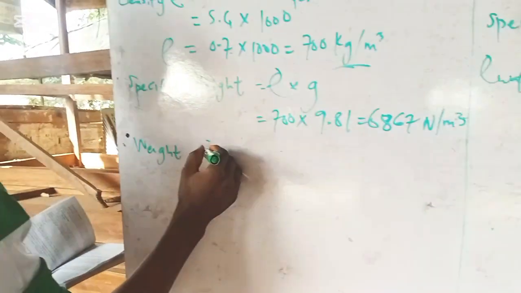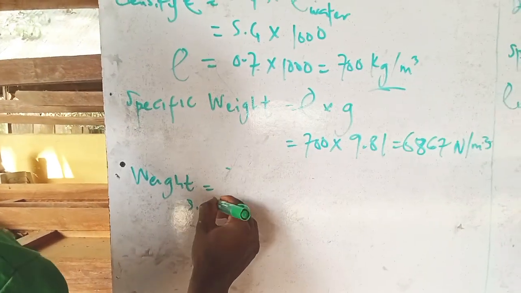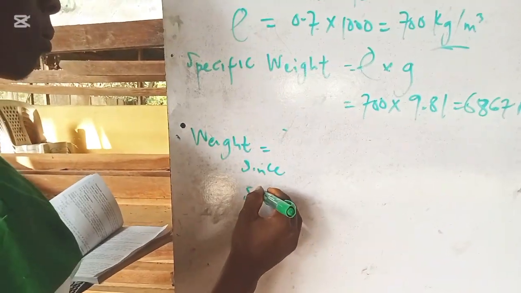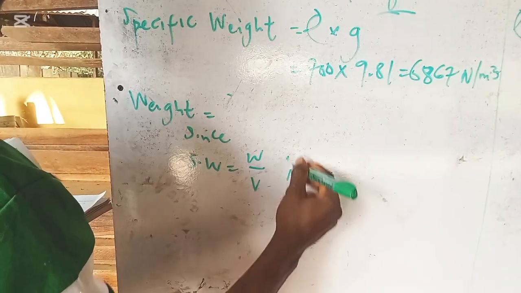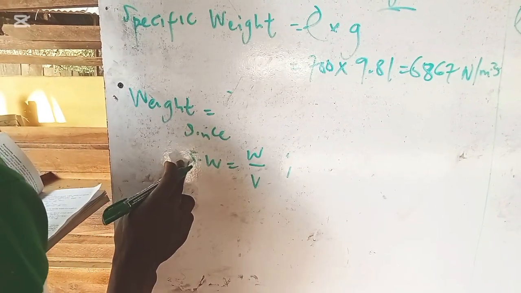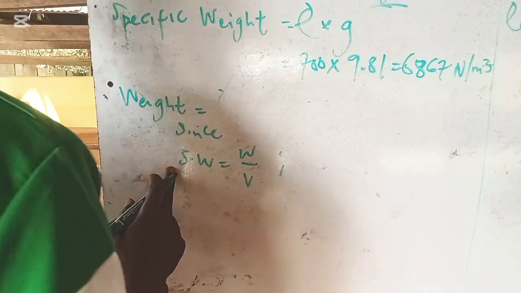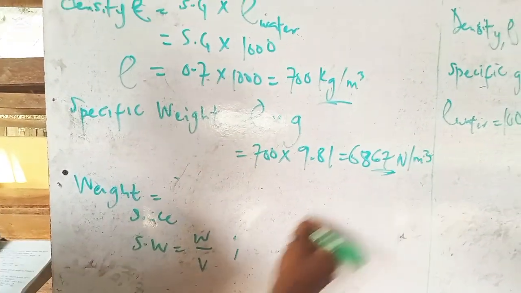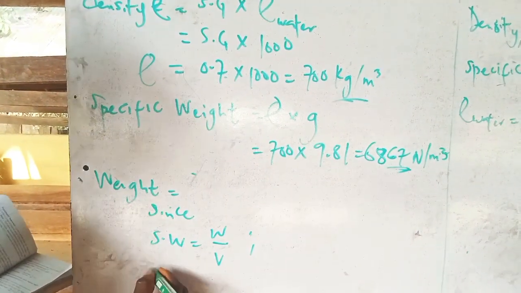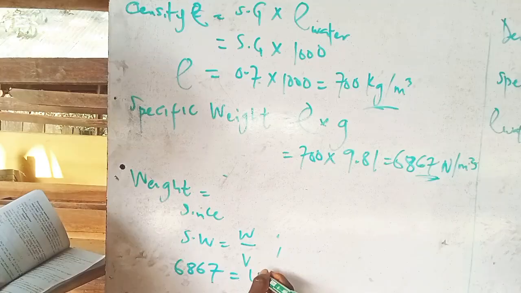So specific weight is equal to weight over volume. Just bring this volume here, so we can insert the information like that. So this is 6,867 equals the weight we are looking for.